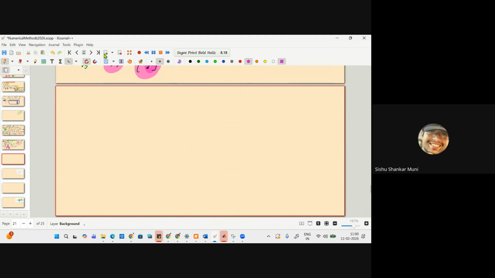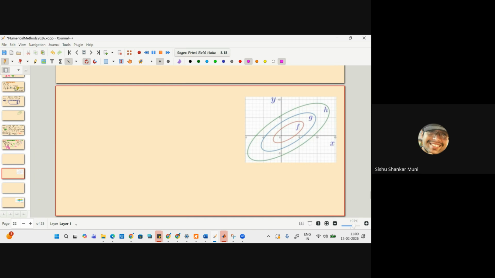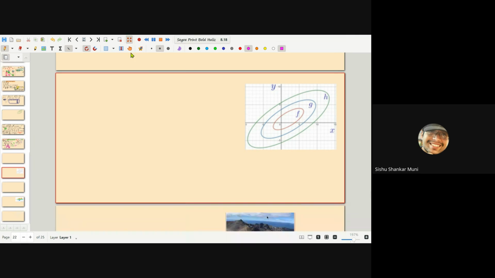Right. So we understood, right? Take this example for instance. The image quality is a bit poor, but still you saw something like this. For the given f(x,y) = x² + 2y² − 2x − 2xy, you got this form.